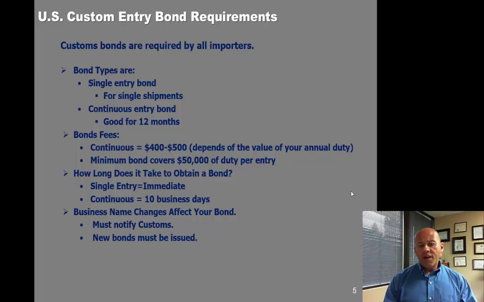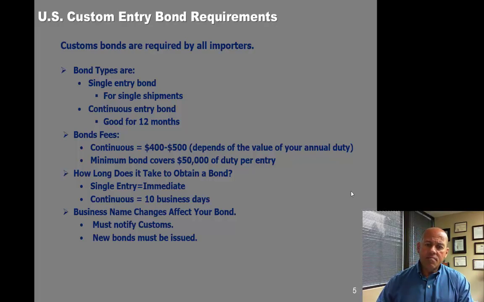That will cover you to a minimum of somewhere around $50,000 of duty per shipment, which would cover a very large value of an import. So this basic bond in that $500 range will cover most companies, most importers.